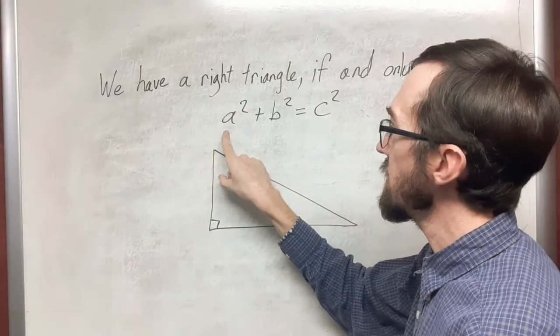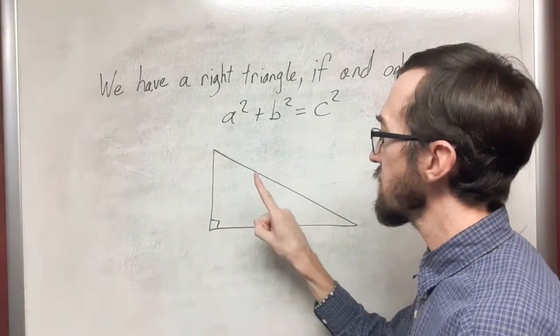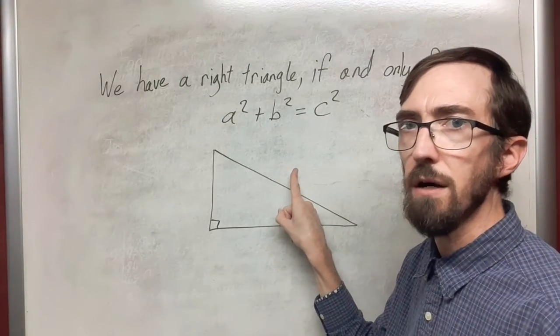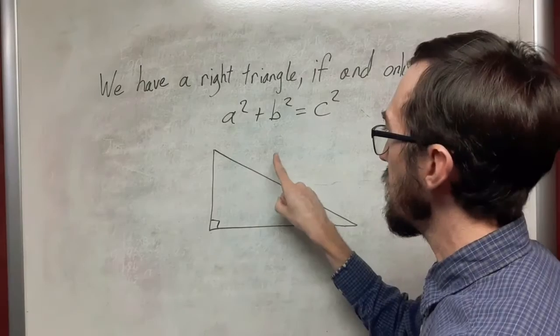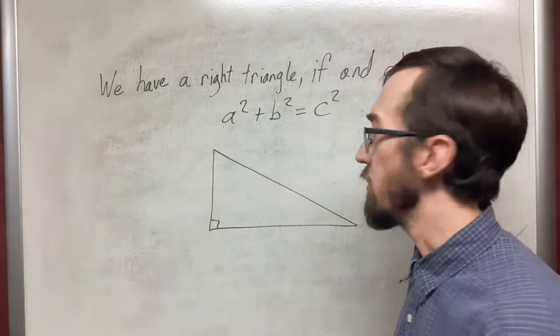I want to call this something and this something so that it relates to the triangle that will remind me that C should always be the hypotenuse. So the hypotenuse is always the side directly across from the 90-degree angle.